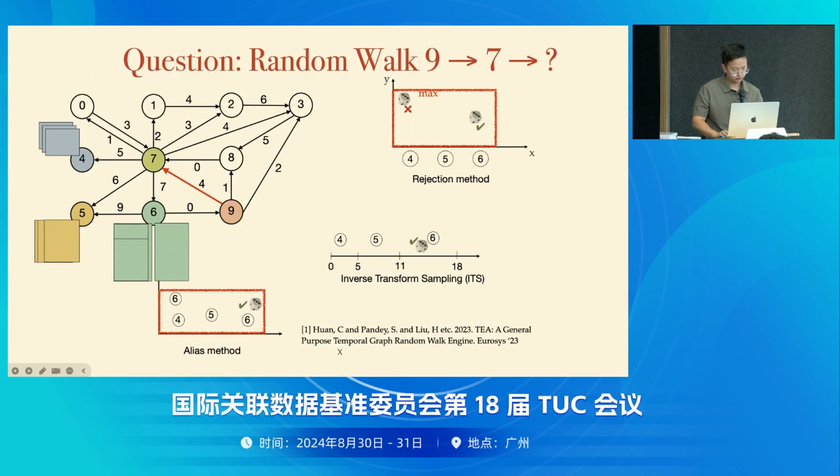For example, on a social network, when arriving at vertex 7 from vertex 9 at time 4, the candidate edge set is only 4, 5, 6, and the weight distribution is 5, 6, and 7. For sampling on vertex 7 at time 4, we use the ITS or Alias method or rejection sampling on the transition probability according to the weight distribution.